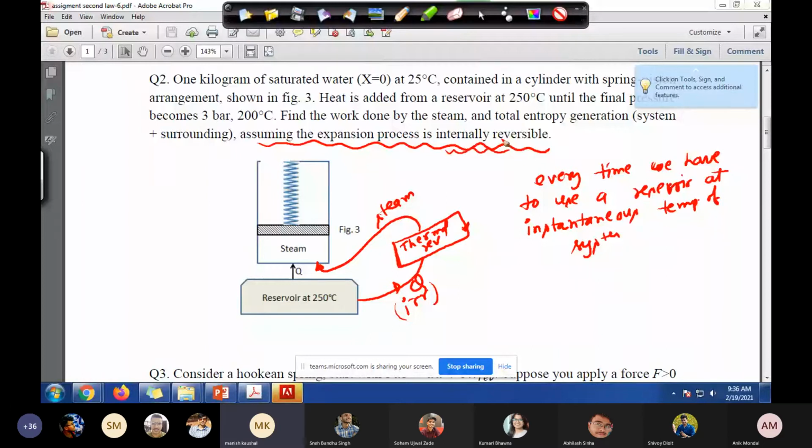Because if you pass the heat suddenly to the steam, you can't expect that this steam will expand very slowly. No, it will expand abruptly, irreversibly. Suddenly it will compress the spring. So the only way to make it quasi-static is to pass the heat slowly, and that is only possible if you introduce this new thermal reservoir, so that it will absorb whatever is coming suddenly and pass it slowly to the system.